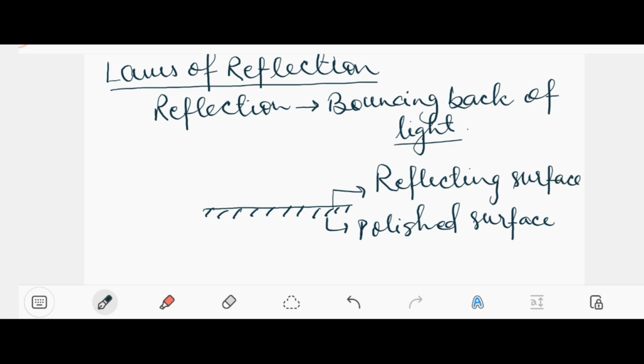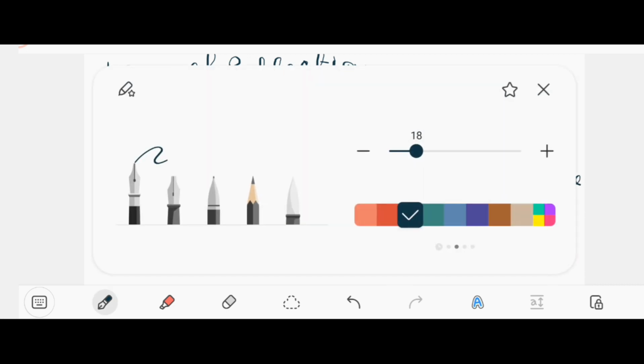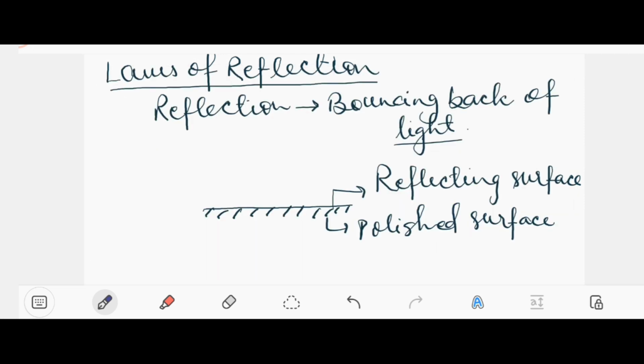Now students, when a light ray falls on any object, the falling light rays are called the incident rays. After striking the surface, it gets reflected, that is, it bounces back into the same medium, and this is what we call the reflected ray.